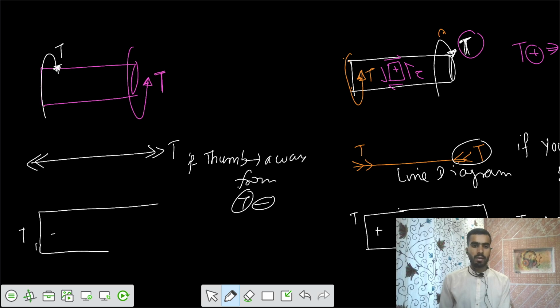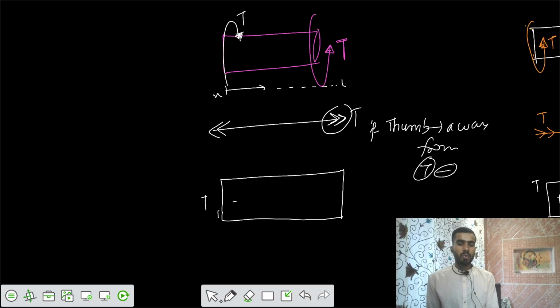Then after that, if there is a torque in the same direction as we go from x equals 0 to x equals L, that means you have to go to the positive side.